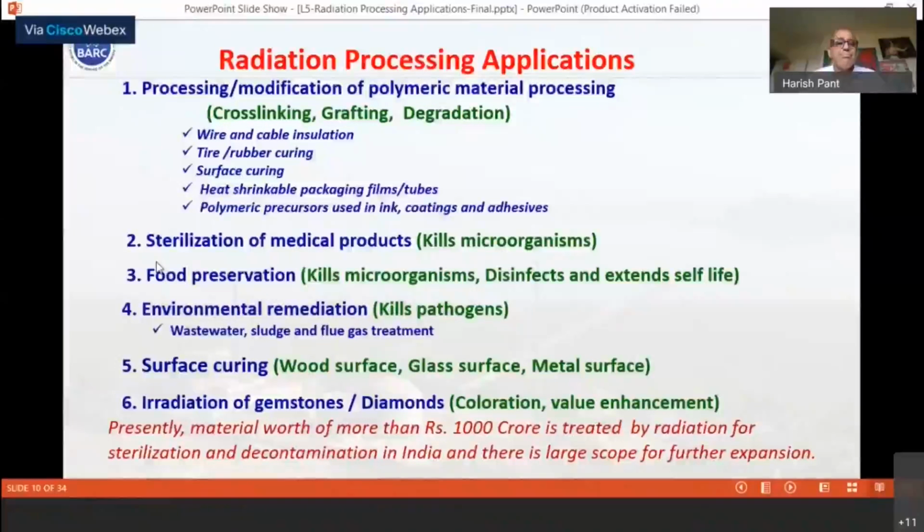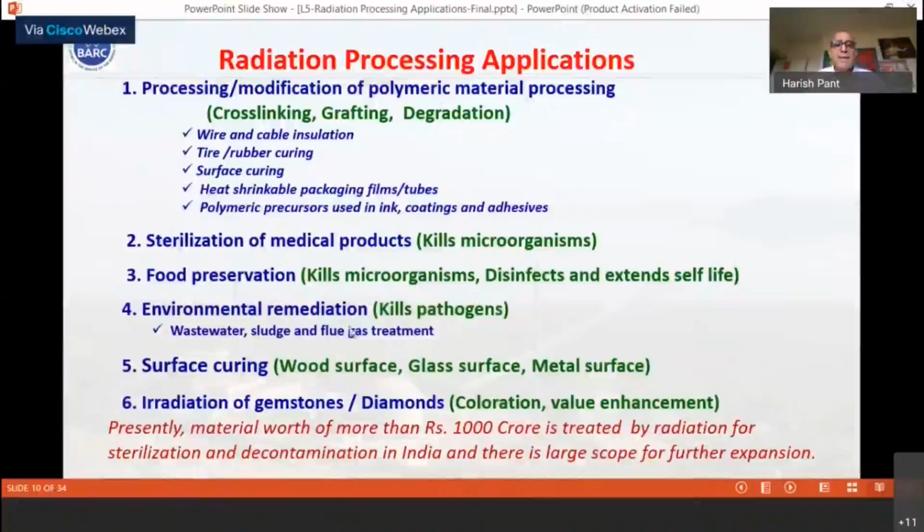Second main application is sterilization of medical products, and it is used to kill the microorganisms, or maybe bad bacteria or pathogenic bacteria. So this is called sterilization of medical products. Food preservation is for killing the microorganisms, for disinfestation, or to extend the shelf life of those materials.